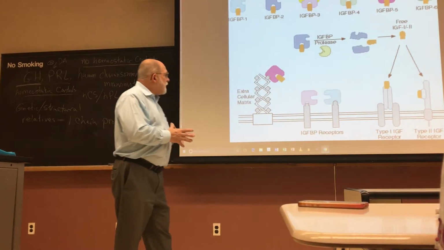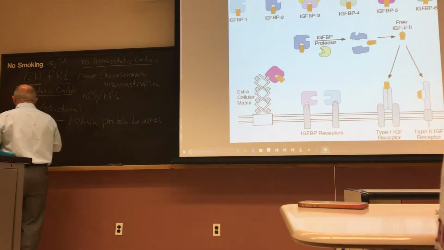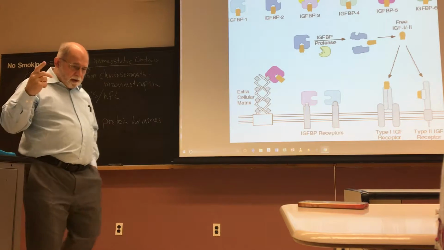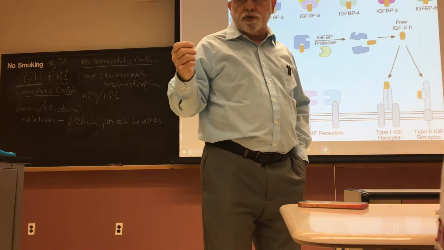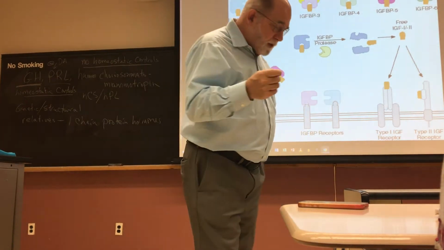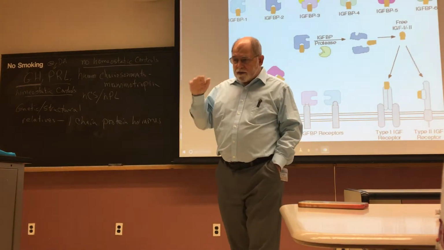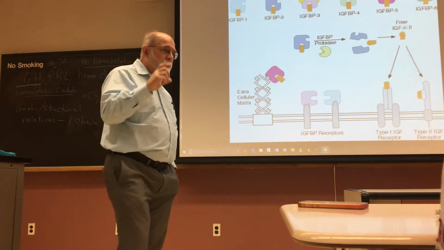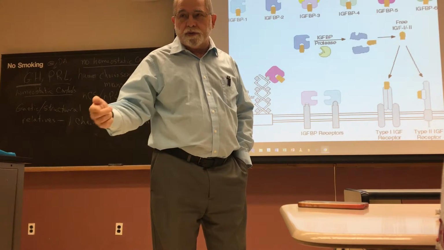All right. In addition, the growth hormone receptor comes in two forms, a small form and a large form. The large form has a larger extracellular domain. And that extracellular domain can be cleaved at the cell surface, which makes that extracellular domain available in circulation as a growth hormone binding protein.